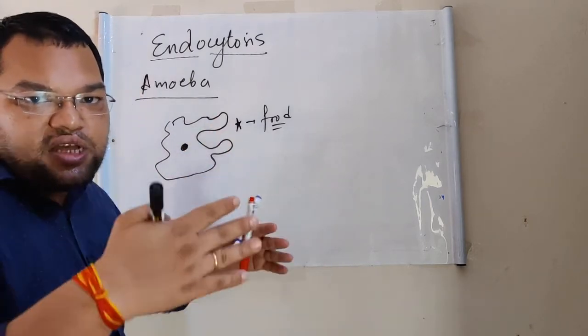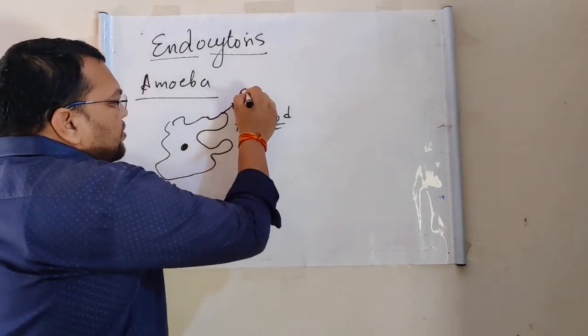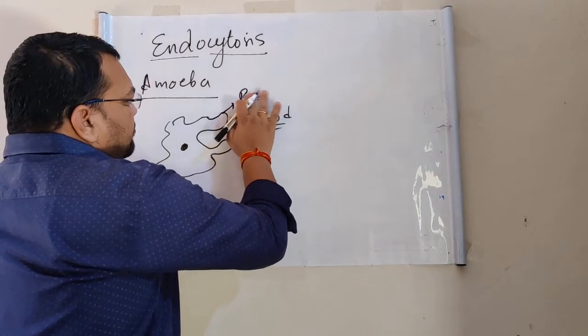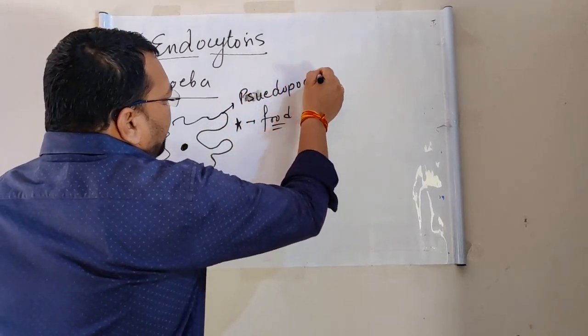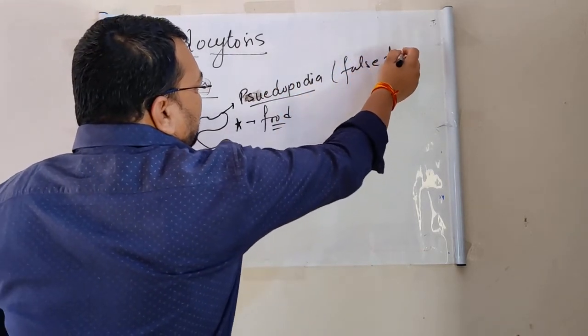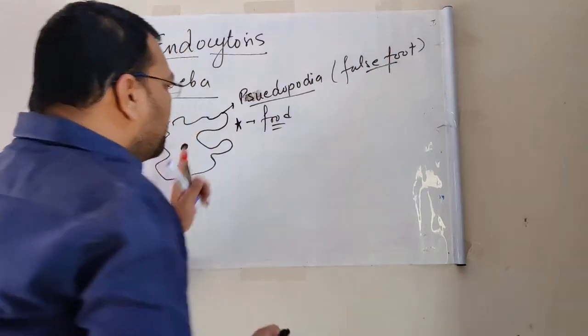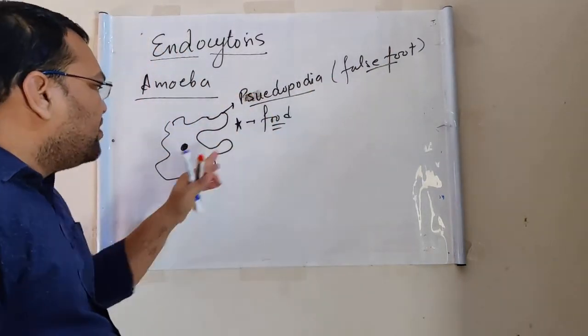These extensions are plasma membrane, so we call them pseudopodia. False feet. False foot, pseudopodia. So this is the foot.